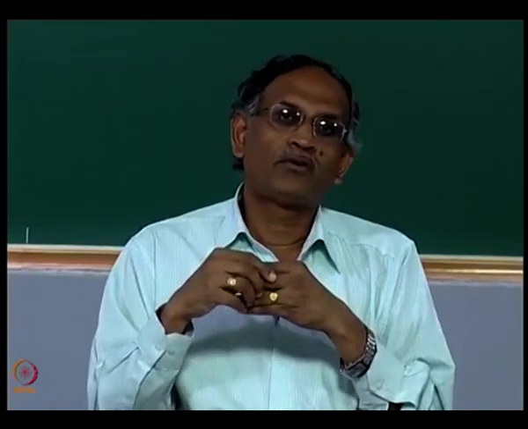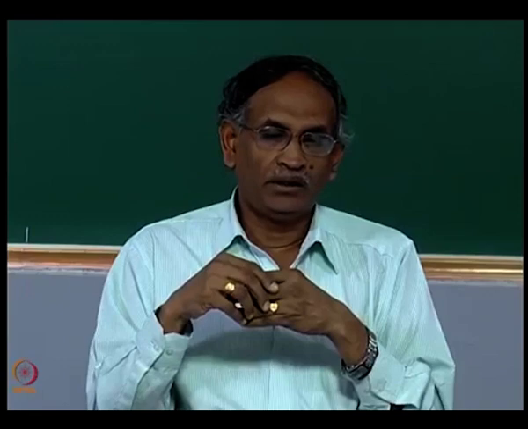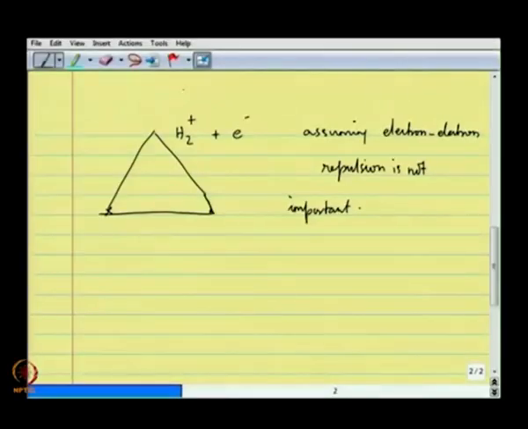Therefore, as a starting point, if we are using the hydrogen molecular ion 1s orbital, and we assume that there is one more electron associated with this hydrogen molecule ion, so that the hydrogen molecule is visualized, then what you would expect is the wave function for the electron in the hydrogen molecule ion, and the wave function for the electron as it approaches the H2 plus, to be independent of each other.